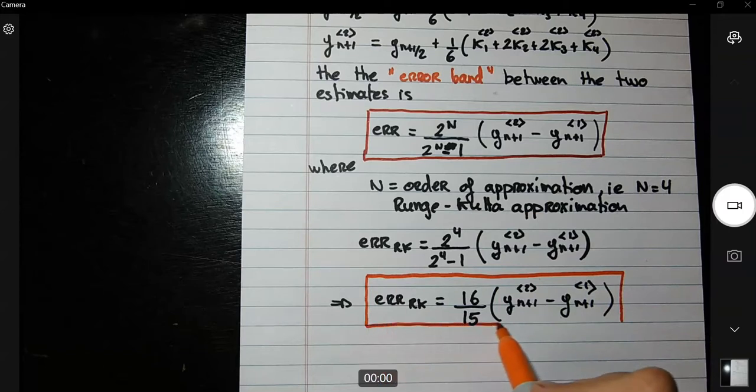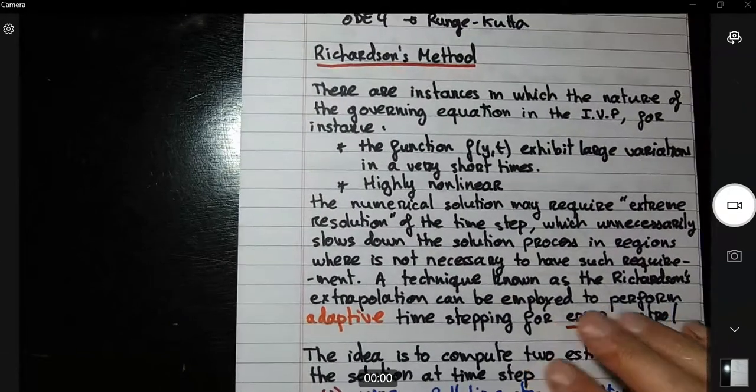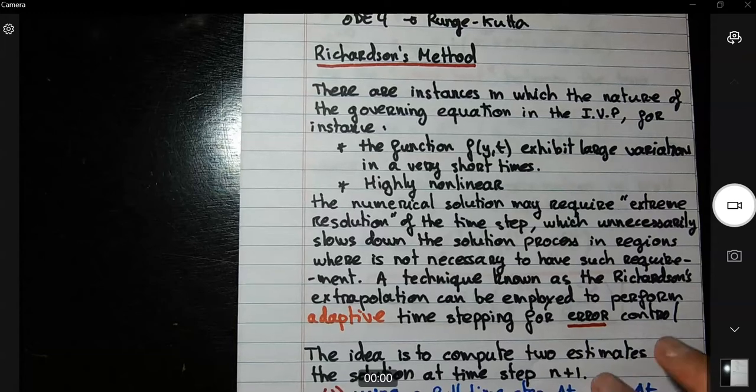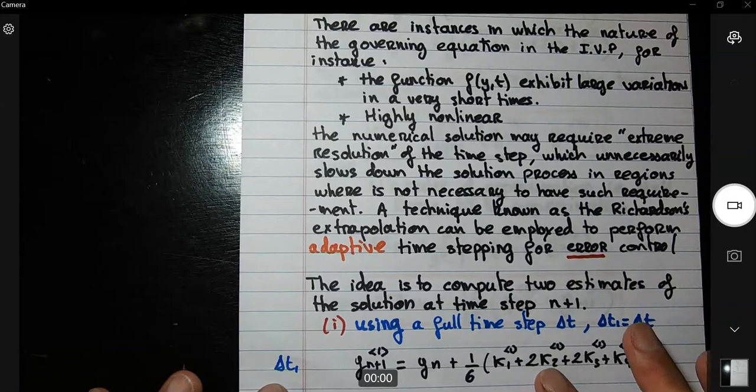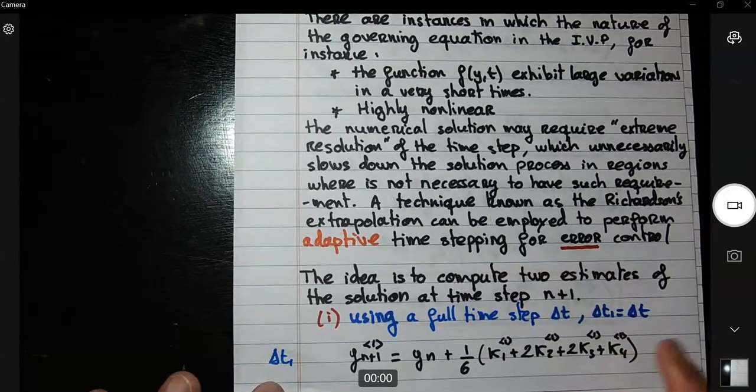Okay, so basically so far, let's go back. When you do the programming, what you need to do is you select a certain time step, delta t. Then you calculate the first approximation, k1, k2, k3, k4.